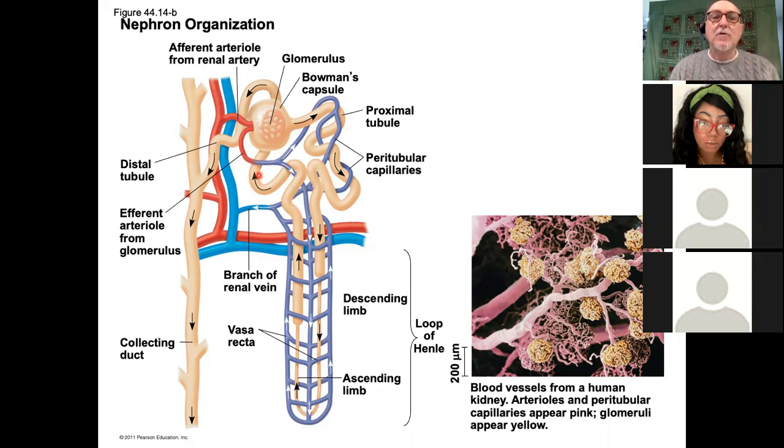The distal tubule here has many of the same functions as the proximal tubule, excepting it doesn't do as much nutrient absorption. Most of that is done in the proximal tubule, but it has some of the same functions. Drugs can be excreted here as well.